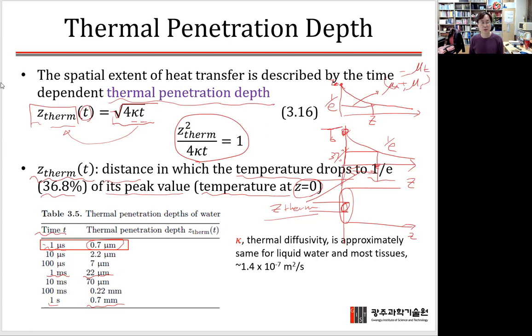So from 1 microsecond to 1 second, there is a 10^6 times increase in the pulse duration time. And the same thing happens to the penetration depth, increasing from 0.7 micrometers to 0.7 millimeter. Okay, so it's not exactly 10^6, but this is 10^3. So a 1,000 times increase here.